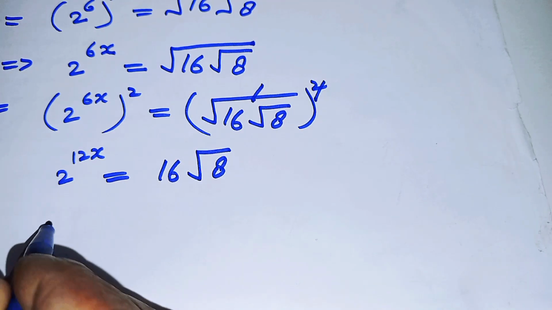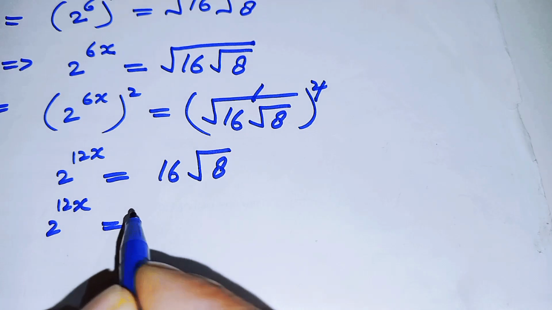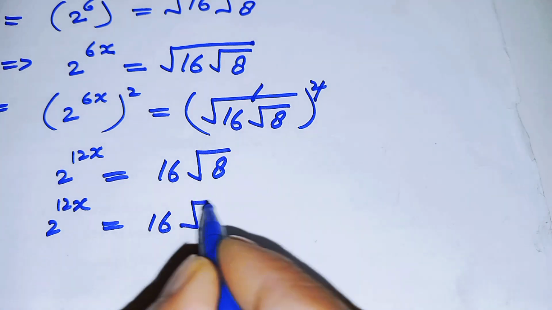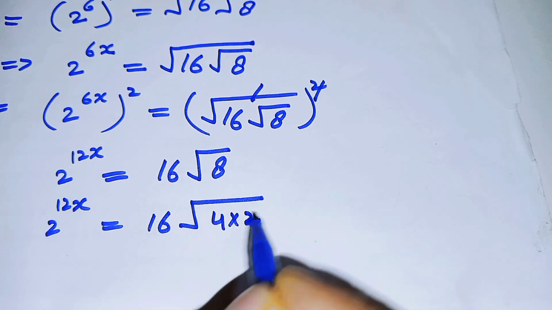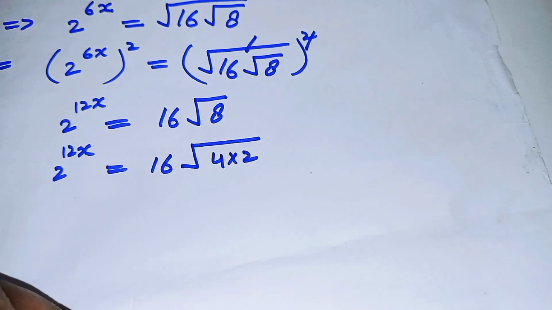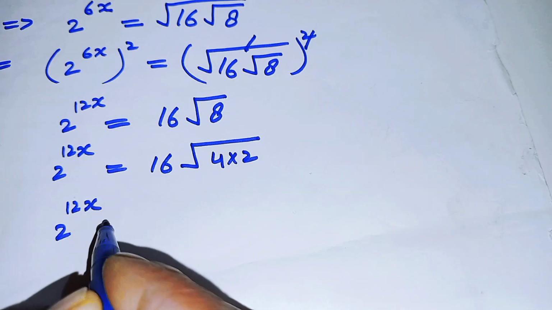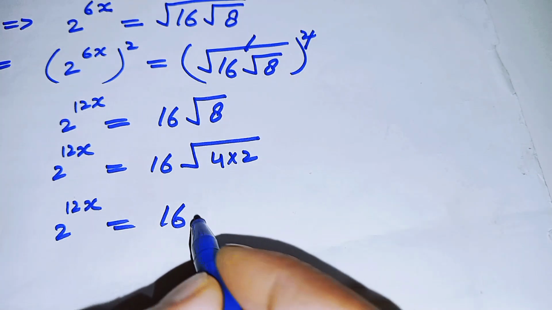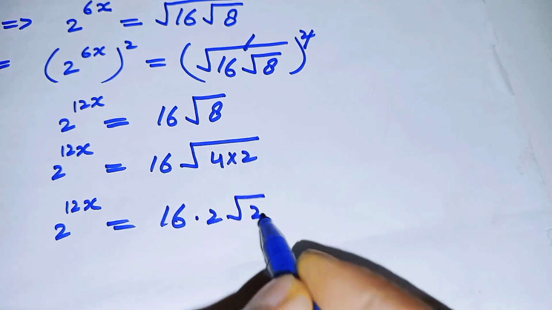Now 2 to the power of 12x is equal to 16 times the square root of 8, and the square root of 8 can be written as 4 times 2. Now 2 to the power of 12x is equal to 16 times the square root of 4 times 2, and the square root of 4 can be written as 2.